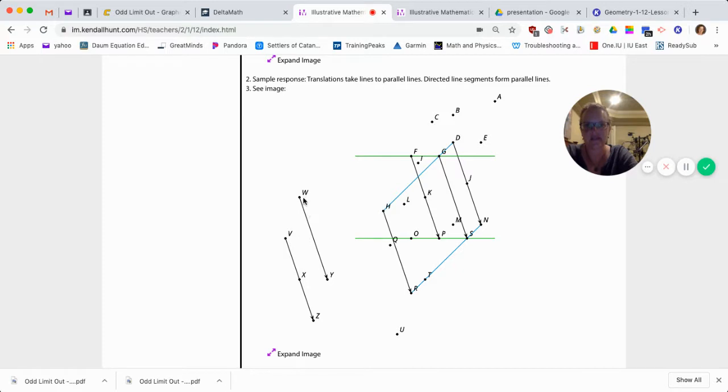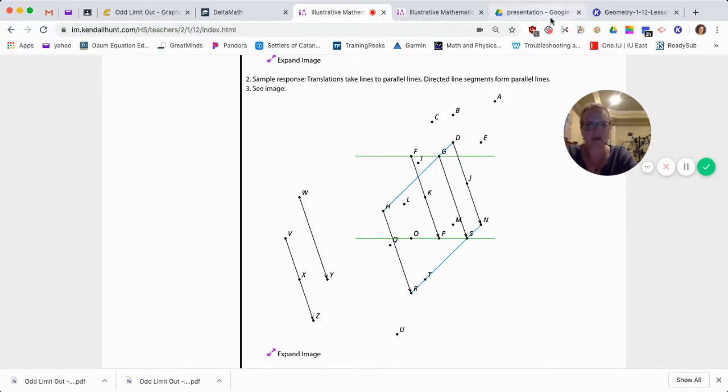So VZ and WY are parallel, okay? HR and DN are parallel. I can connect H to D and R to N and make 2 more parallel lines. Looks kind of like a parallelogram, which is very cool.